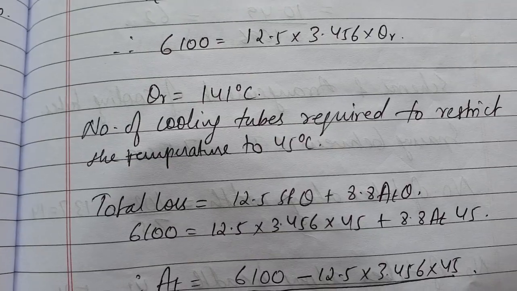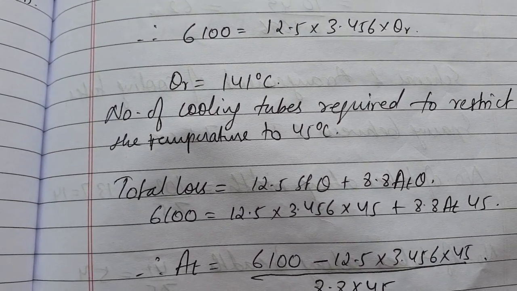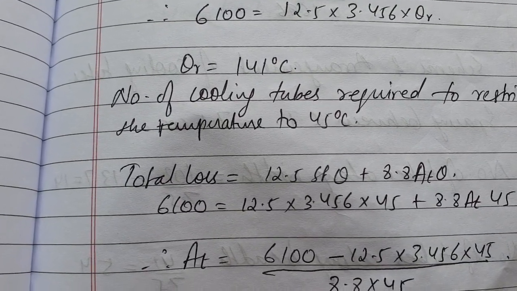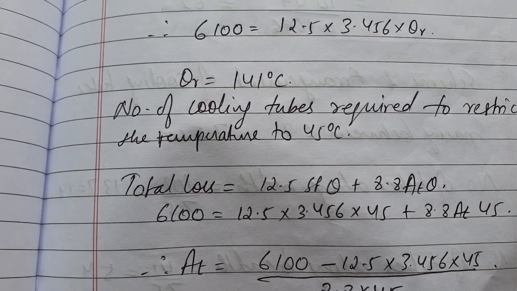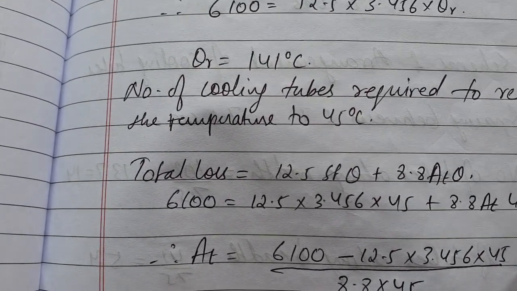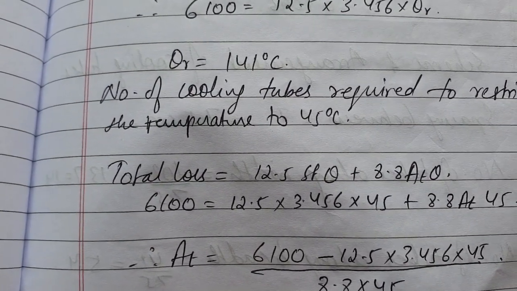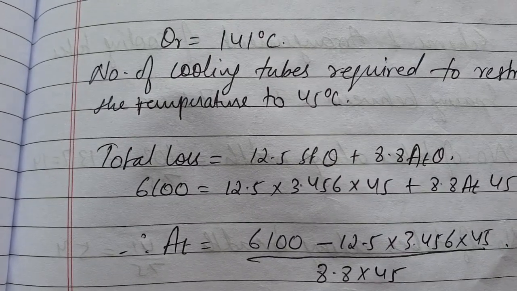So in the numerical it is asked to find out the total number of cooling tubes to restrict the temperature rise to 45 degrees Celsius. Therefore, the total loss is equal to 12.5 St theta plus 8.8 AT theta. From this we can find out the total area of cooling tubes.